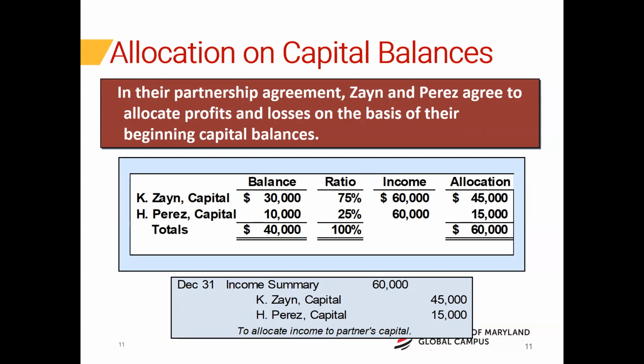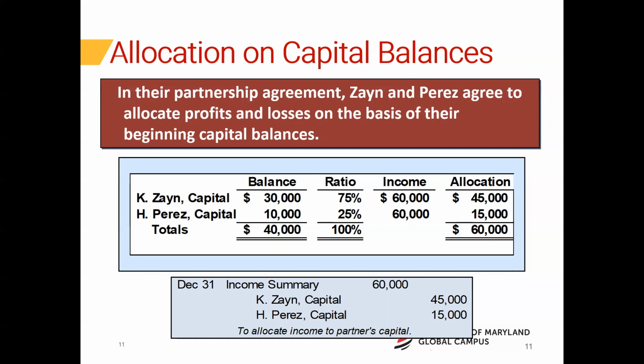If we look at the allocations, and of course, this example is obviously ratio based, there's a beginning balance for each partner: 30,000 for Zane, 10,000 for Perez.